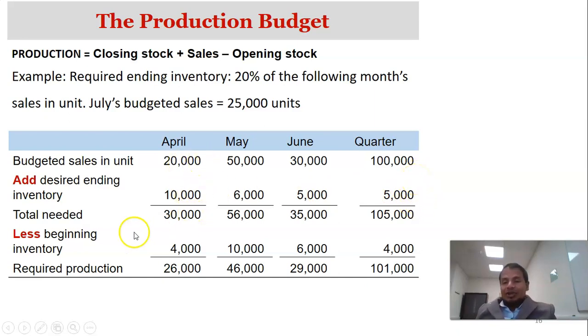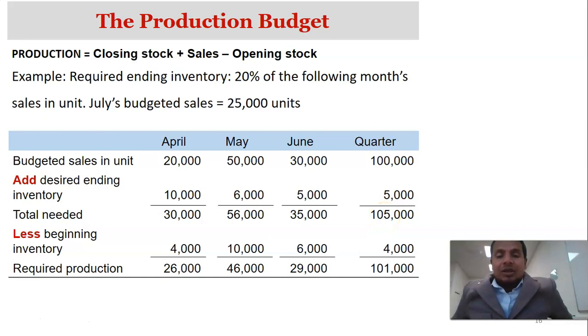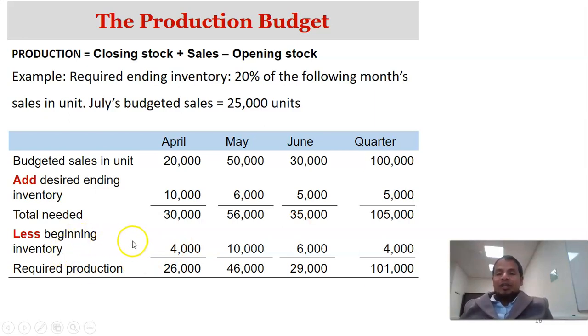If we add this together, we can find out the total needs of the organization. Then if we deduct the beginning inventory, opening stock, we can find out how much we actually need to produce. So we need 30,000 in the month of April.